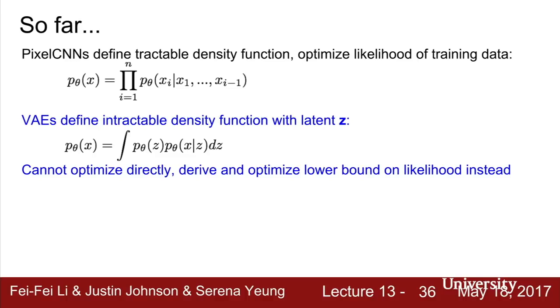We're now going to model this with an additional latent variable z, and we'll talk in more detail about how this looks. Now our data likelihood p(x) basically has to be this integral, taking the expectation over all possible values of z. This is going to be a problem. We'll see that we cannot optimize this directly, and so instead we have to derive and optimize a lower bound on the likelihood.